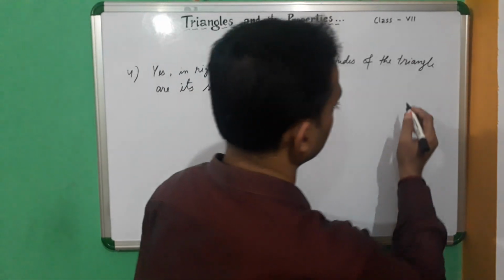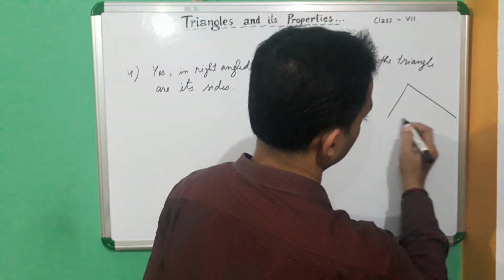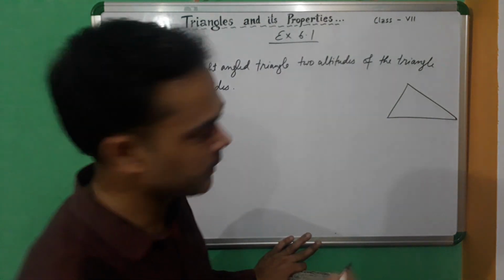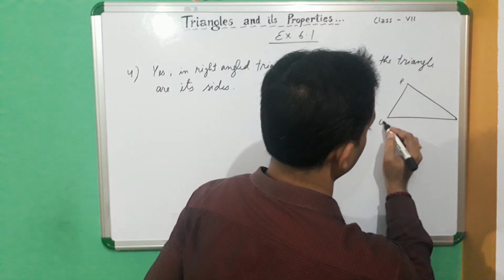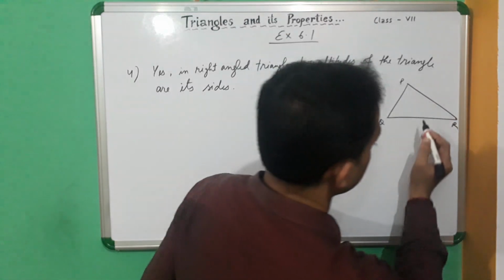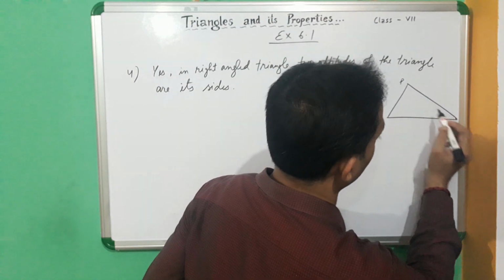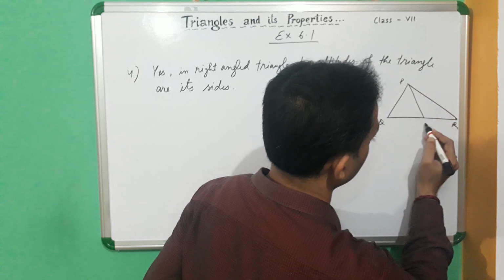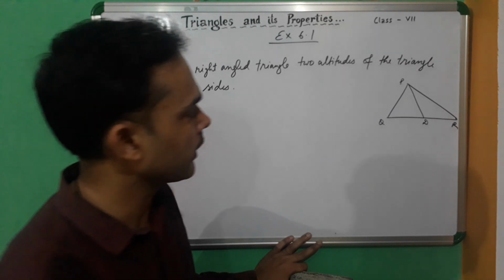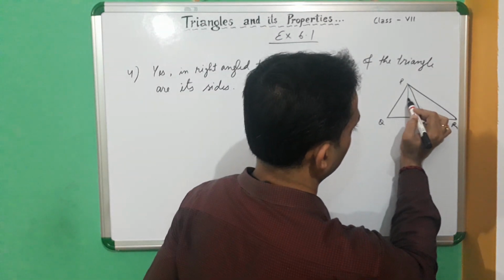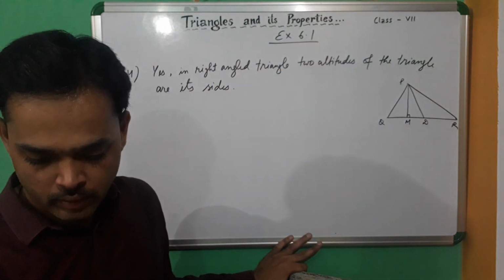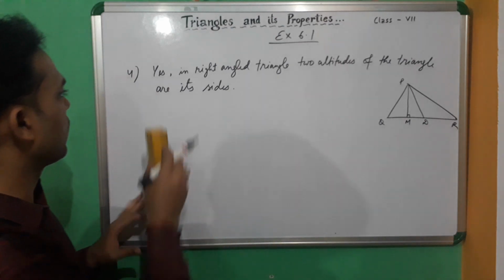In triangle PQR, D is the midpoint of QR, and M is this.